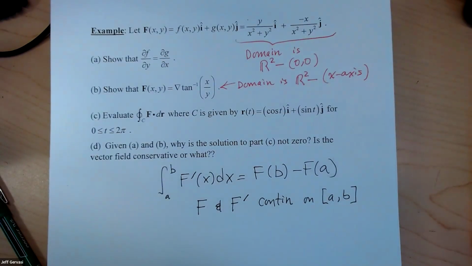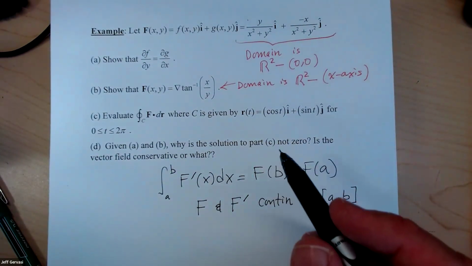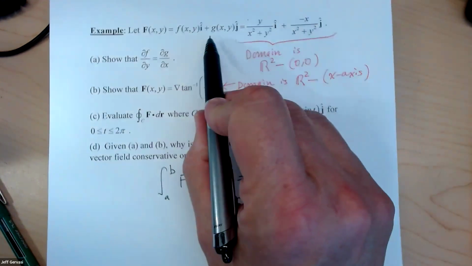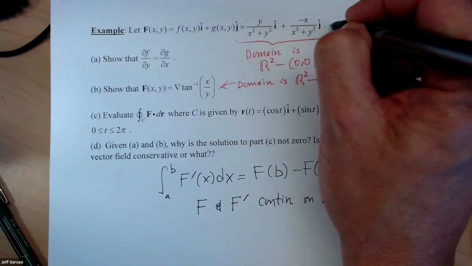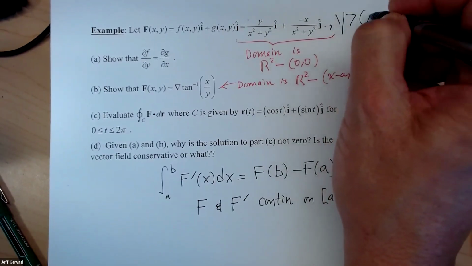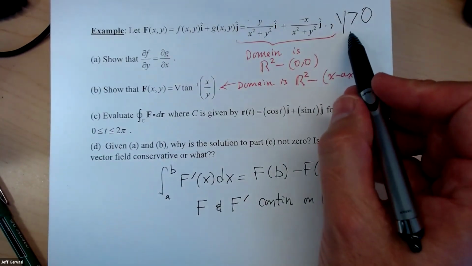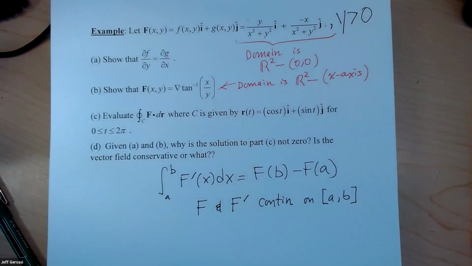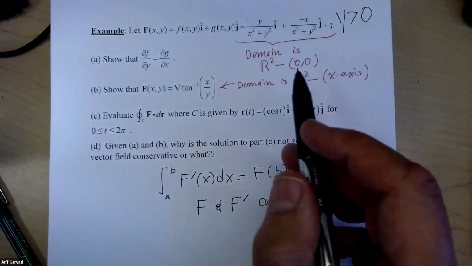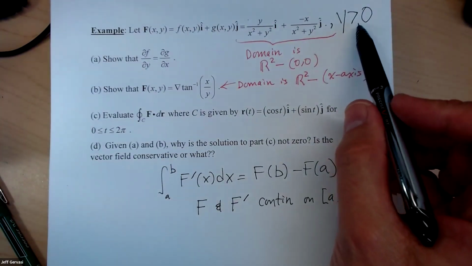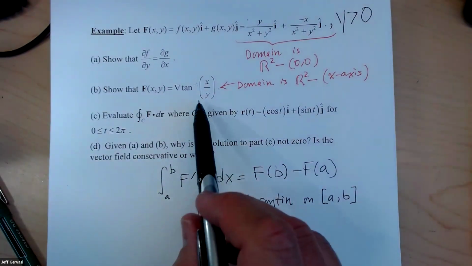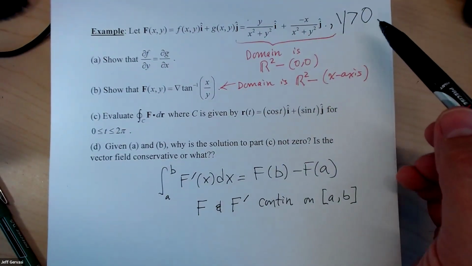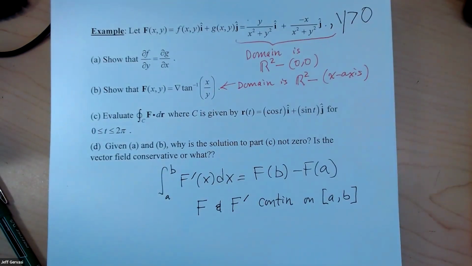Now, we can fix this. Maybe what we do instead is say, let the vector field f equal this vector field for y greater than 0. You want to amend the domain, so to speak, okay? If that's the case, then the inverse tangent of x over y will be defined for y greater than 0 because the x-axis is not included.